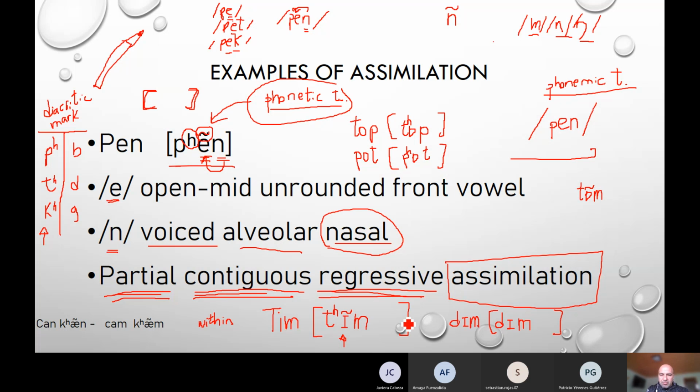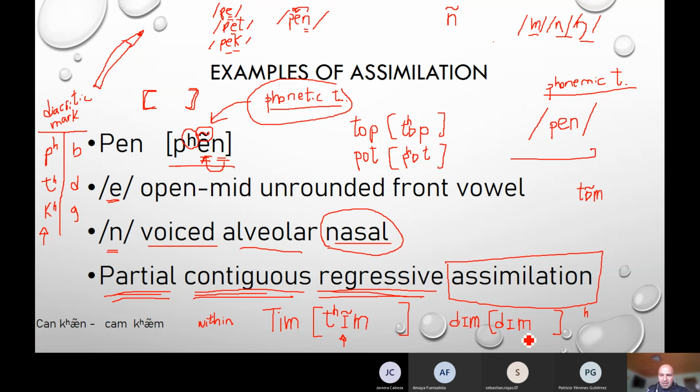In this case, we're not using the diacritic mark that looks like an H, because D is plosive or stop, but it's voiced. It's not voiceless. So we're not using this symbol.